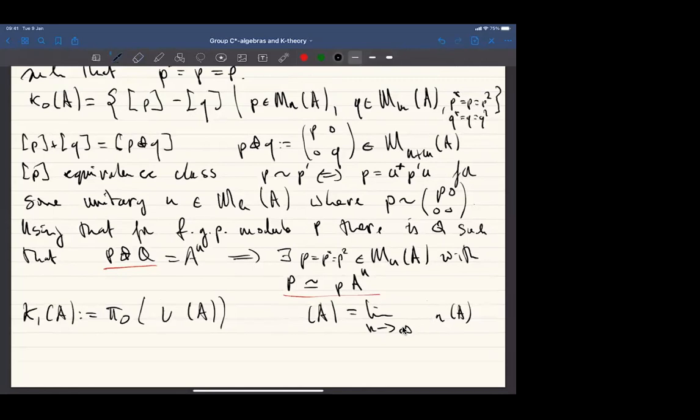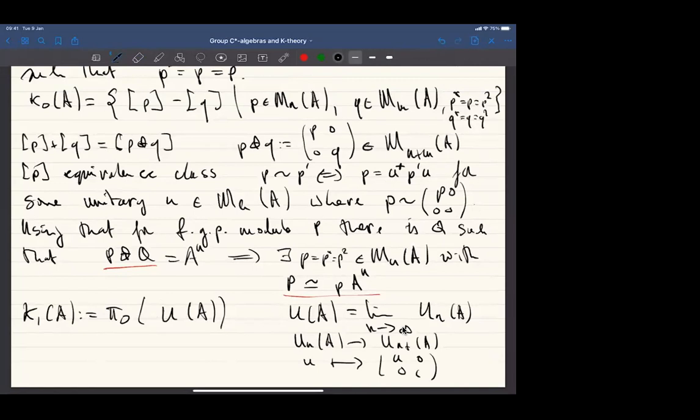I'm going to use the unitary group, just because we can. So the embedding of UN into UN plus 1 now goes like this.